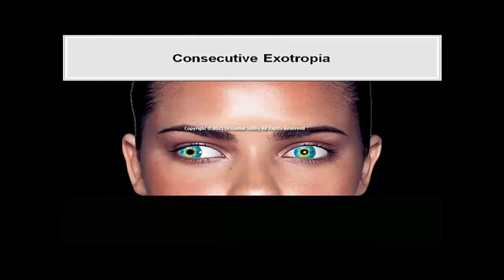Consecutive exotropia arises either spontaneously in a formerly esotropic patient or iatrogenically after surgical overcorrection. Spontaneous change from esotropia to exotropia usually can be associated with poor vision of the deviating eye.